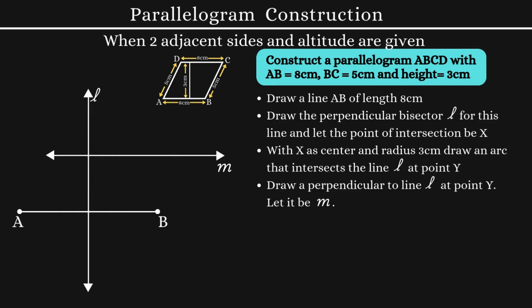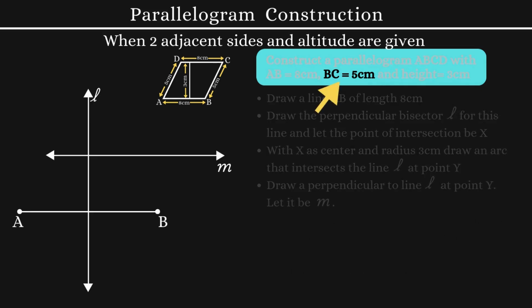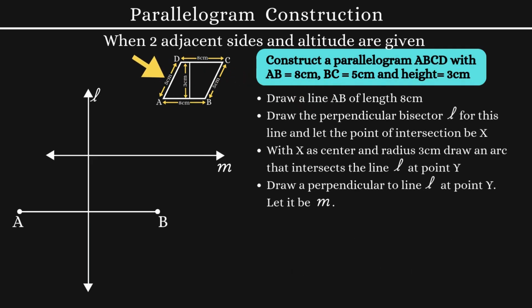Our next step is to find out the points C and D. We know that BC is 5 cm. So AD is also 5 cm.